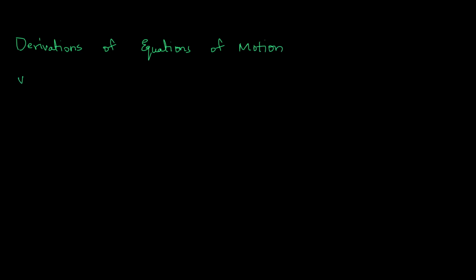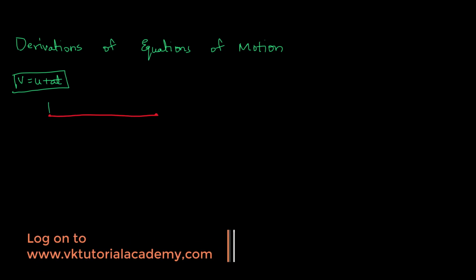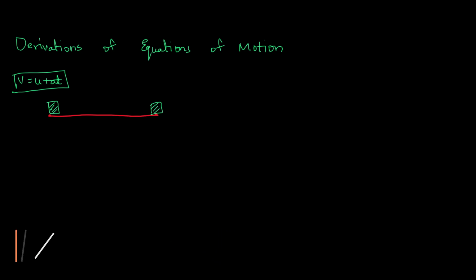Okay, let us start with the first one, v = u + at. Similar to the above, consider an object at its initial point A and final point B, which is moving with a uniform acceleration a. At rest it will have 0 meter per second, which is the initial velocity, and it will have v meter per second, which is the final velocity.